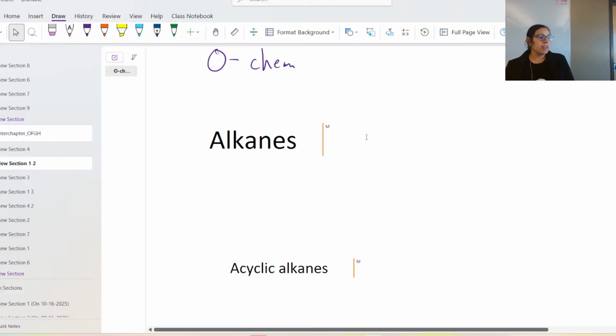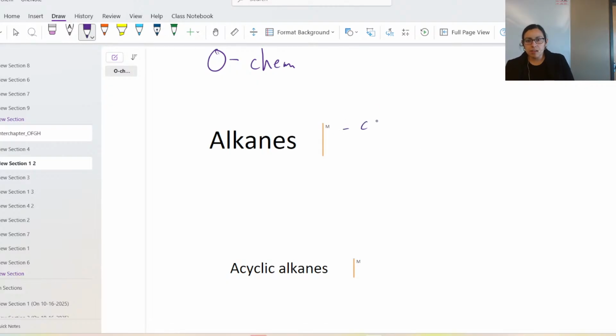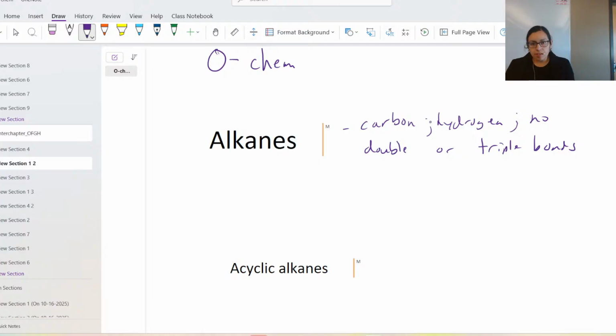An alkane just means it is an organic that has carbon and hydrogens only, and no double or triple bonds. This is also sometimes referred to as being fully saturated. And again, all that means is it has all hydrogens on it.